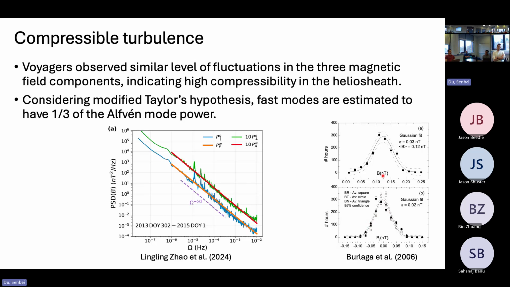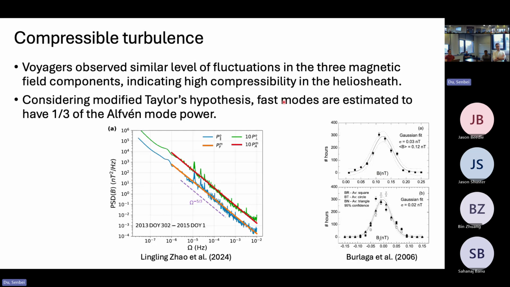And of course, another thing that Parker Solar Probe also ran into is the issue with Taylor's hypothesis. Here, similarly, we have a wave speed comparable to the flow speed. Like in Parker, where the flow speed is comparable to the Alfvén speed, here it's comparable to the fast mode speed.